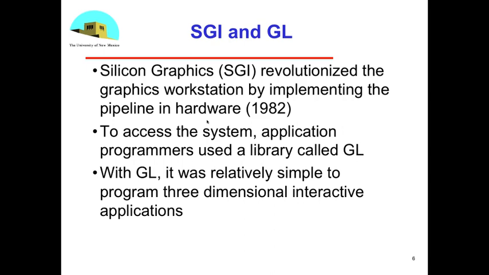And it was very simple to program, and it had this characteristic that it was nice to program on from the high end, from the application programmer's end, but it was close enough to the hardware that you could develop very, very fast interactive code.